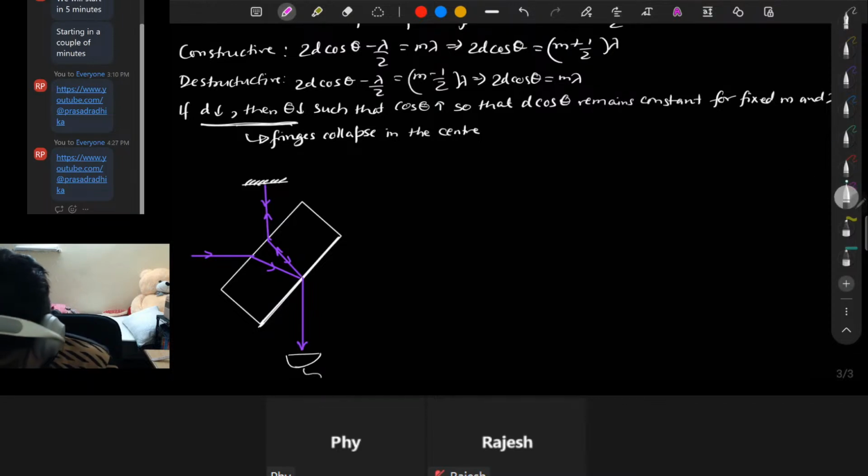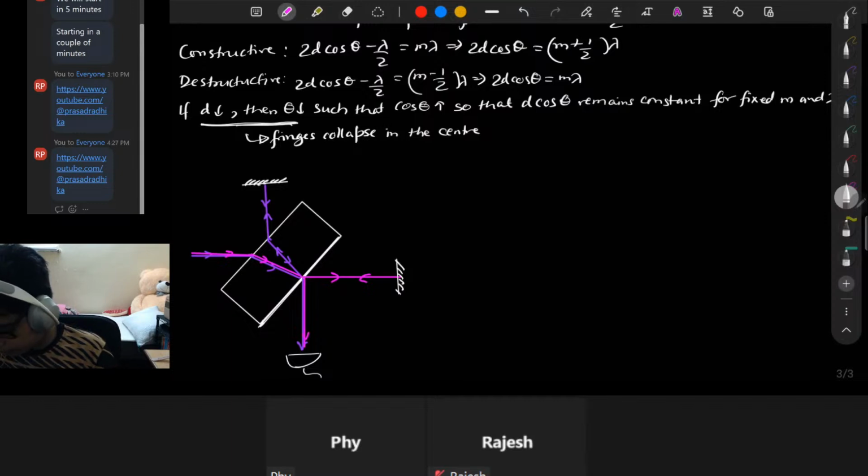The other path is the source is coming in. It's going through this material, but now it gets transmitted and comes out like this. Comes out, hits the mirror, gets reflected from the mirror, goes back, and then gets reflected again to come out along the same purple line like this.